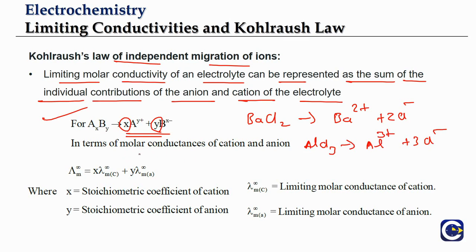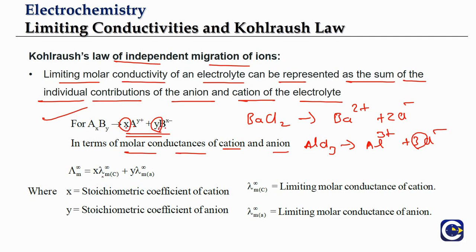So the molar conductance of cations and anions, we multiply them with the respective factor, because here how many cations are coming? X number of cations are coming. How many anions are coming? Y number of anions are coming.